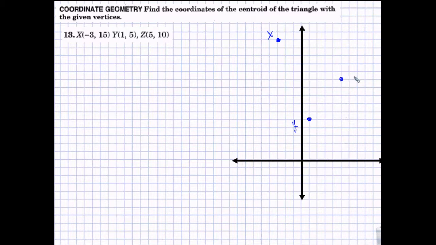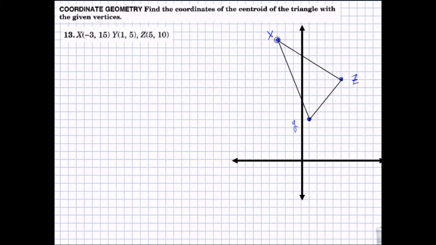Okay. So here's Z. So those are our three corners of our triangle. So I'm going to make that triangle.